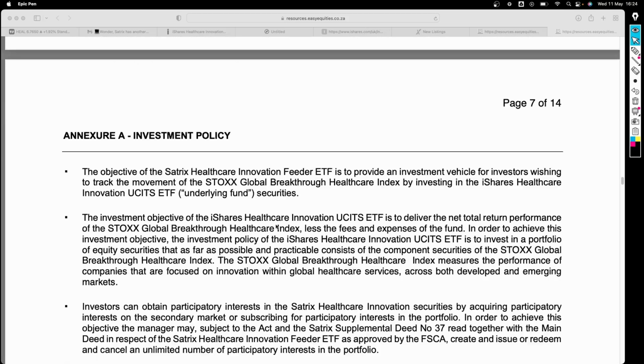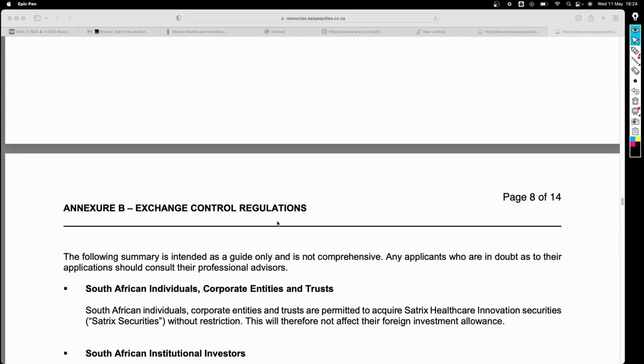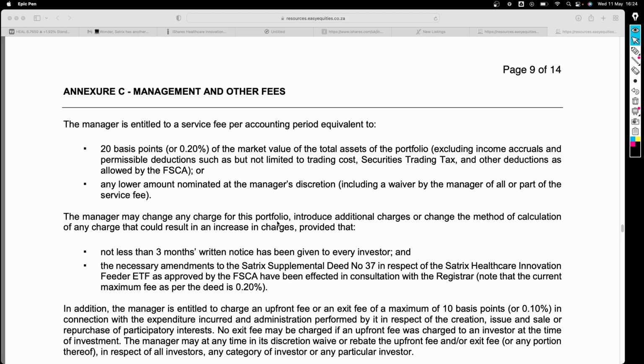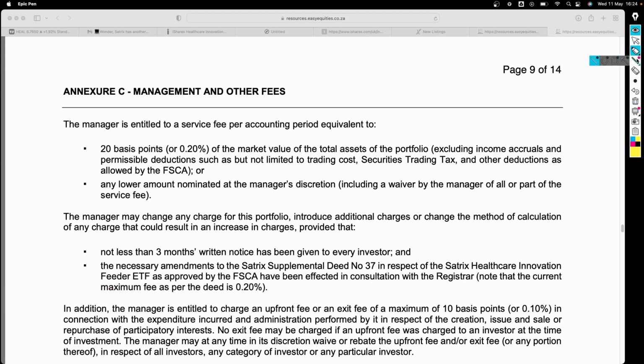Okay, so now if you go to Annexure C, which explains what is happening in terms of fees, this is where we need to pay attention, because then we are going to understand what is happening. So from this we can see that the management is going to be charging a 0.2% TER, not 20%. It's just a 0.2 there.